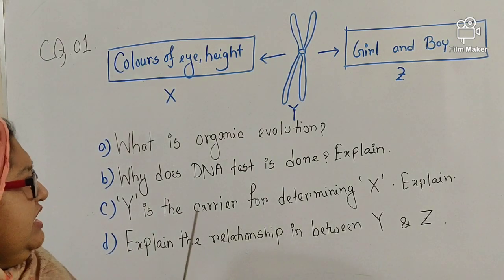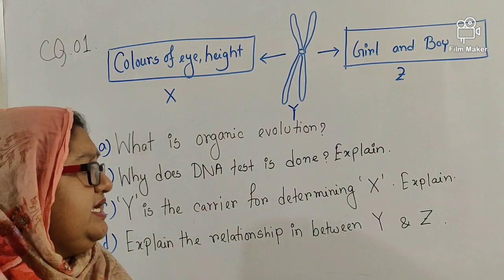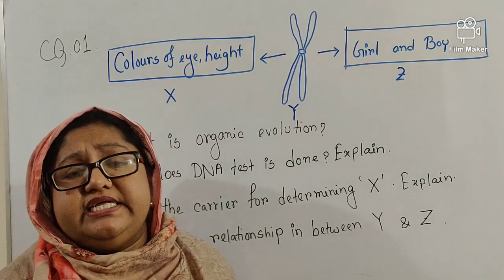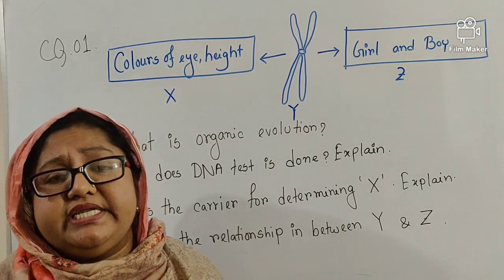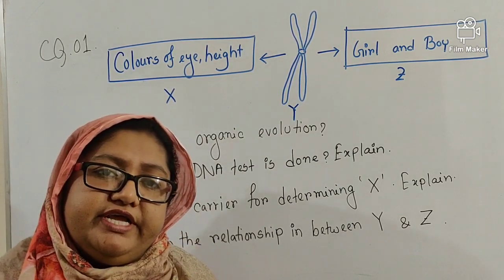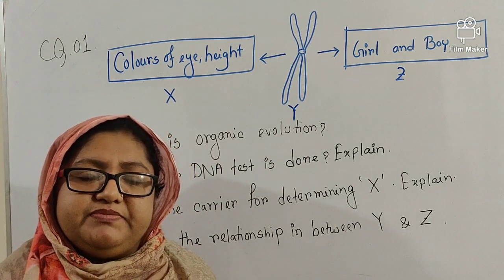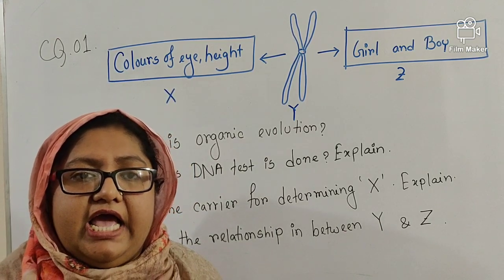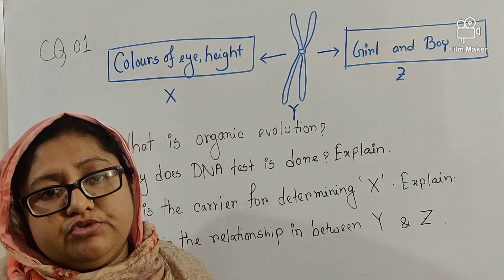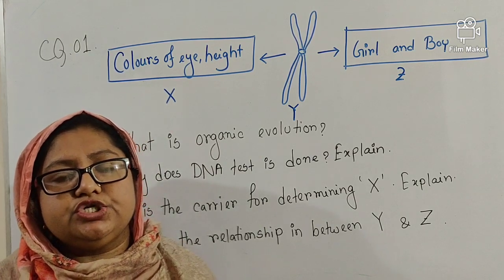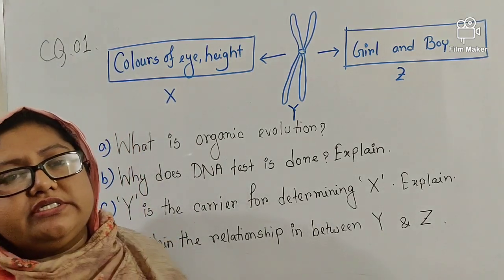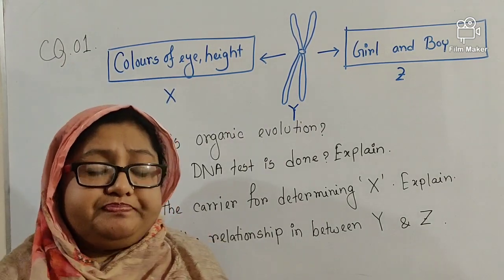Now, why is this DNA test done? DNA fingerprinting or DNA test is done for identification of parenthood, that means motherhood or fatherhood of a child, and it is also used for the identification of criminals. How can this be done?